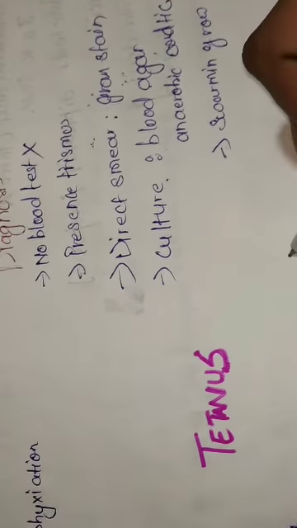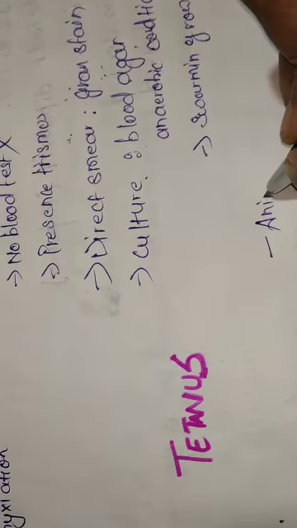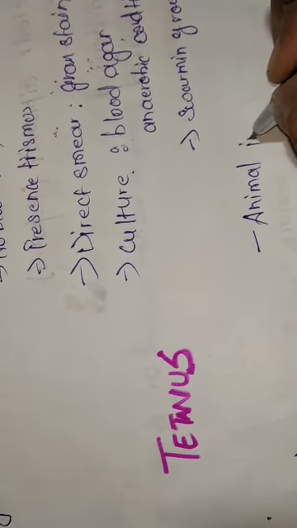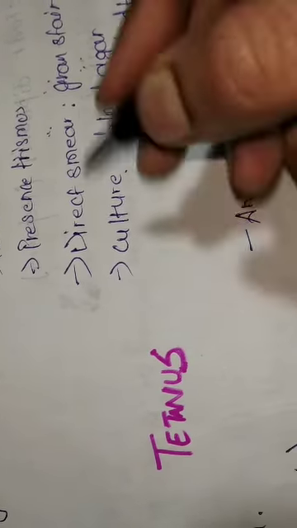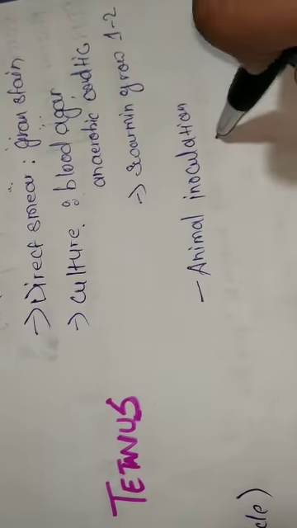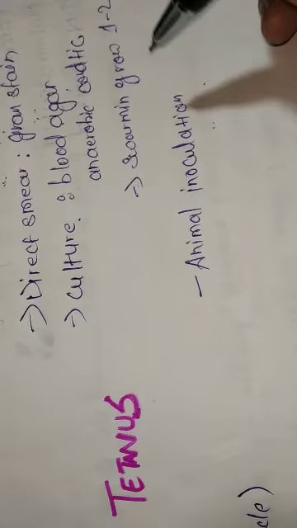Our other method is animal inoculation. This is done to demonstrate the toxigenicity of tetanus.